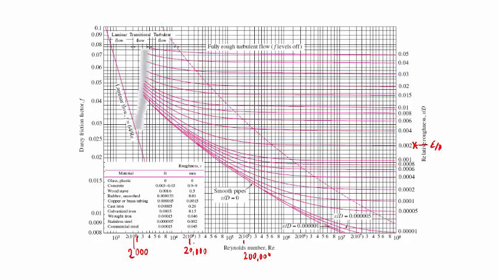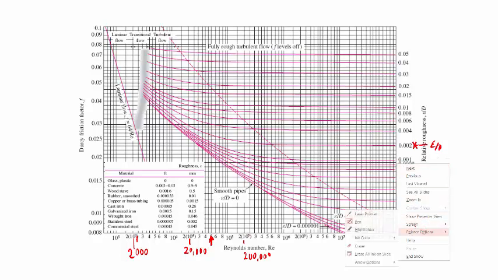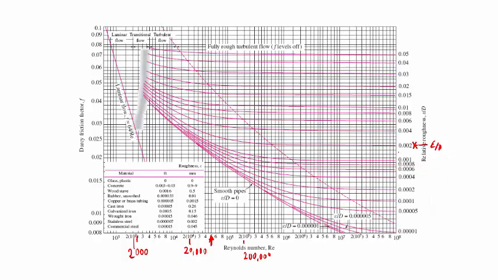Okay, so here you have 20, 21, 22, 23. So it's about here. We said about, and then of course my relative roughness. So let me use the highlighter to make it a little better. So here I have my relative roughness that I'll use, and then here I have my Reynolds number.